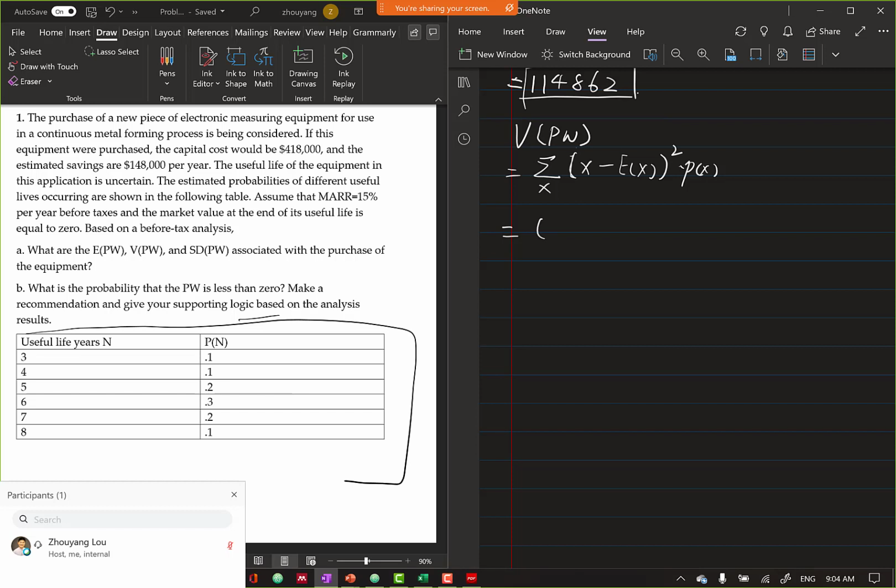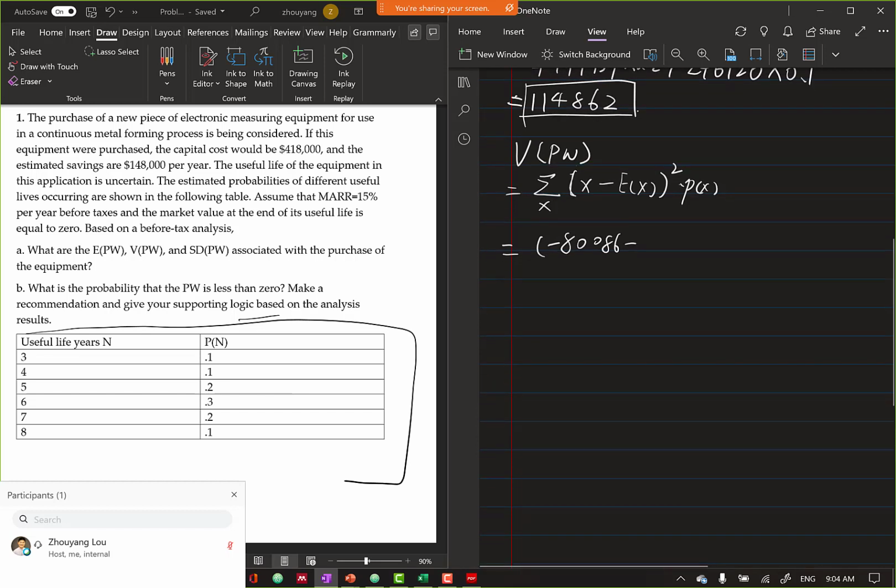We're just plugging these numbers as above, but instead we are going to use this variance formulation. So for the 3 years, now we have minus A0086 minus the expectation we just calculated. So I just simplify this number, use my notation E of x.